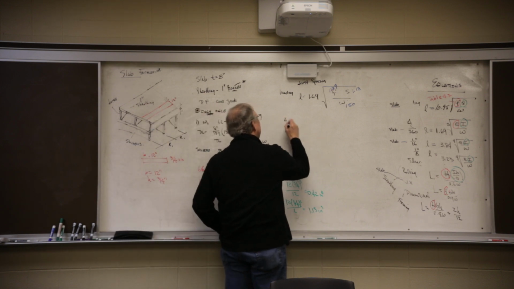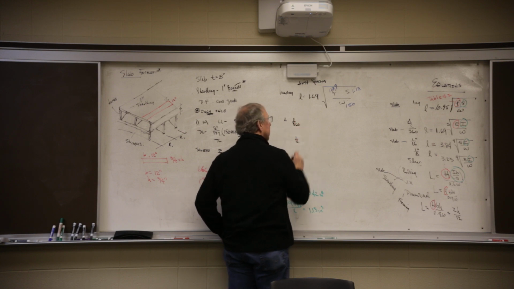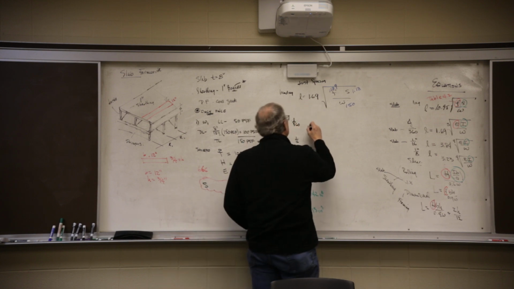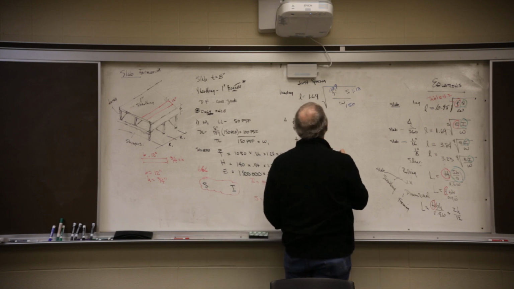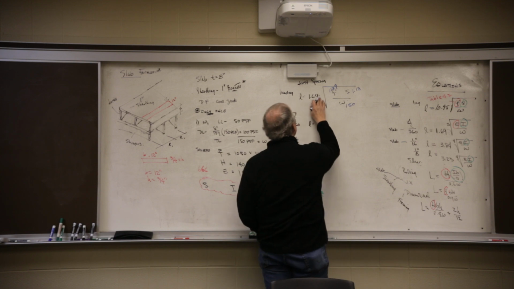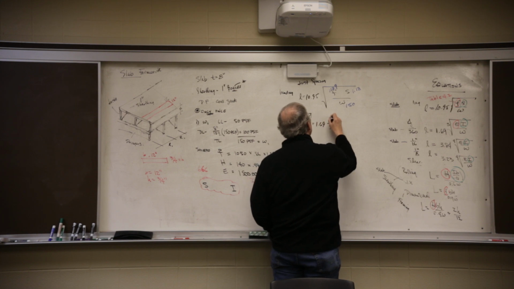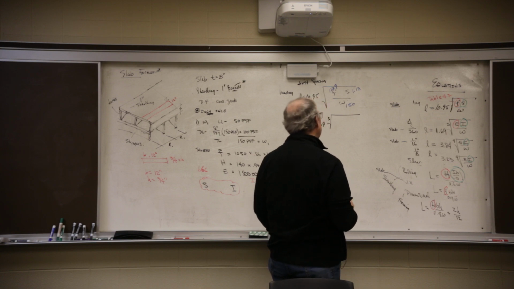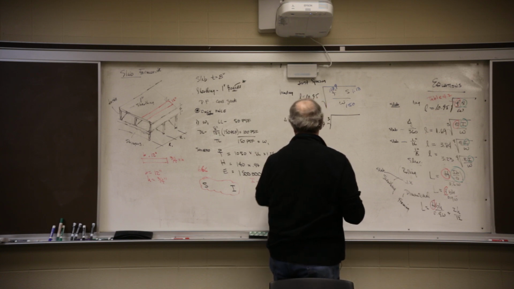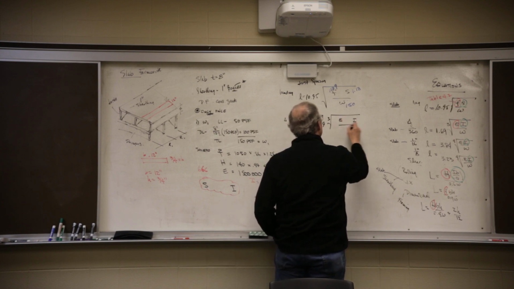Deflection: L over 360, 1/16. L equals 1.6. Oh, I screwed this up. Excuse me, 10.95 cube root of E I over W. E is 1,455,000.